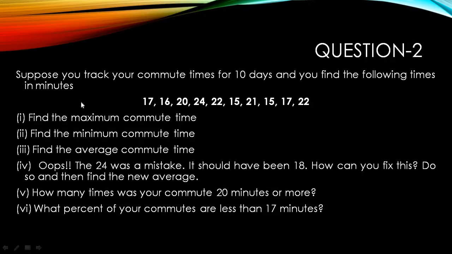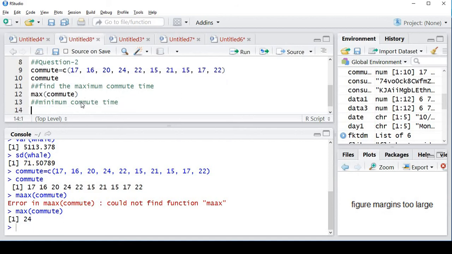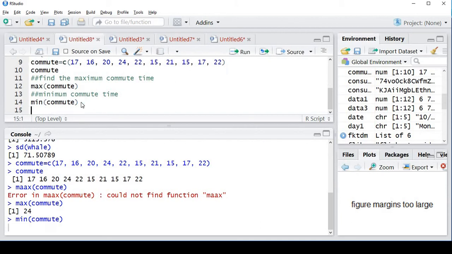Let's go to part 2, that is find the minimum commute time. This is again quite simple. The command is min commute. Okay, run it.